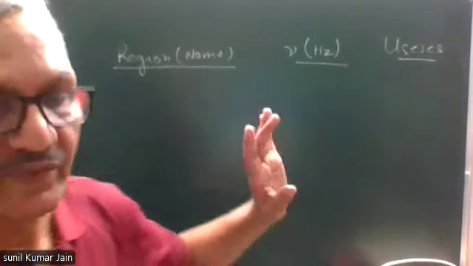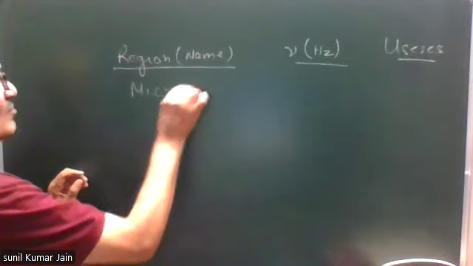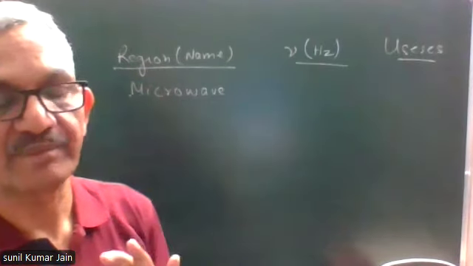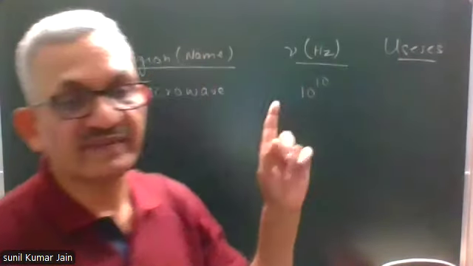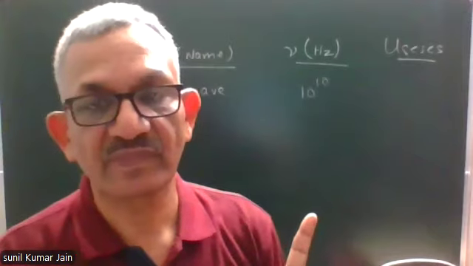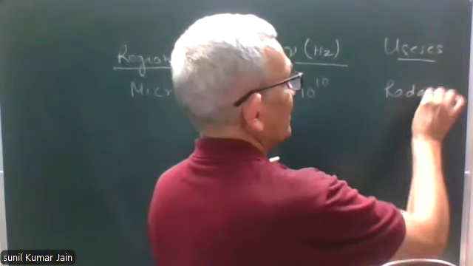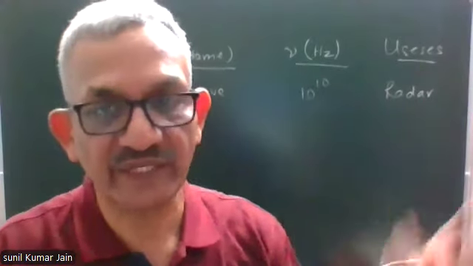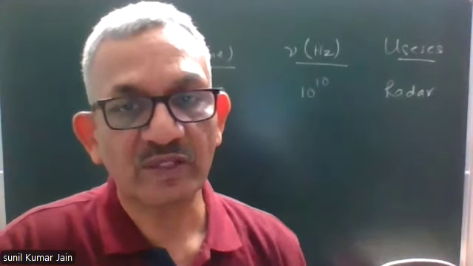Now write down. First region, microwave region. Frequency is of the order of 10 hertz. And it is used in radars. Radar means to locate the position of aircrafts. Now, subsequently, I'm dictating, I'm not writing on the board.